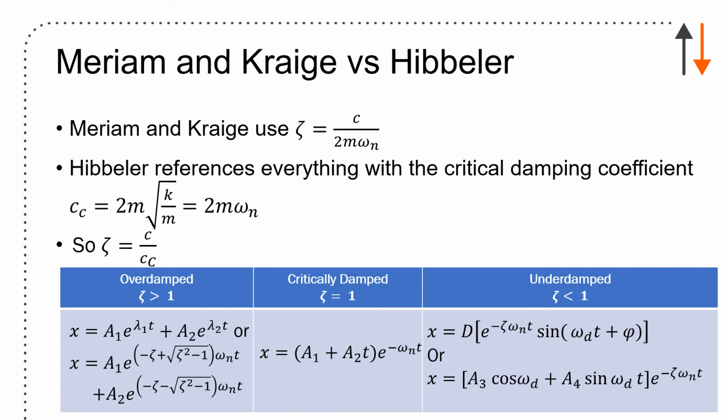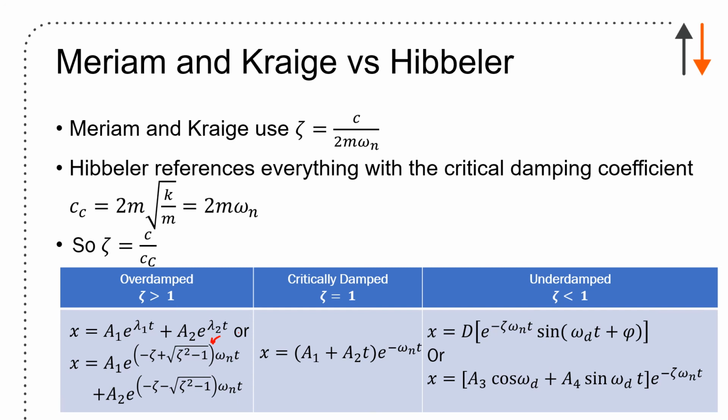In this case, the solutions are pretty much the same, except that instead of having everything in terms of damping coefficients, you now have everything in terms of zetas. If you look at the overdamped case, which I've written on the far left here, you'll see that these terms now appear with zetas.